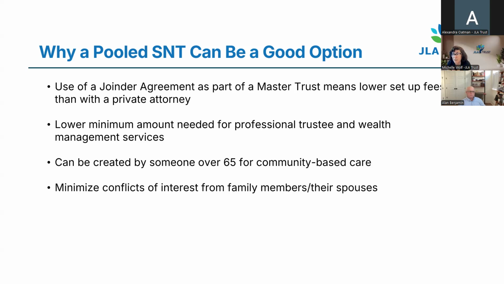I know of one local bank that will not take on special needs trust clients unless there's actually 3 million going into the special needs trust. Our minimum is $20,000 for an active account. So we are quite substantially less than 1 million or 1.5 million.